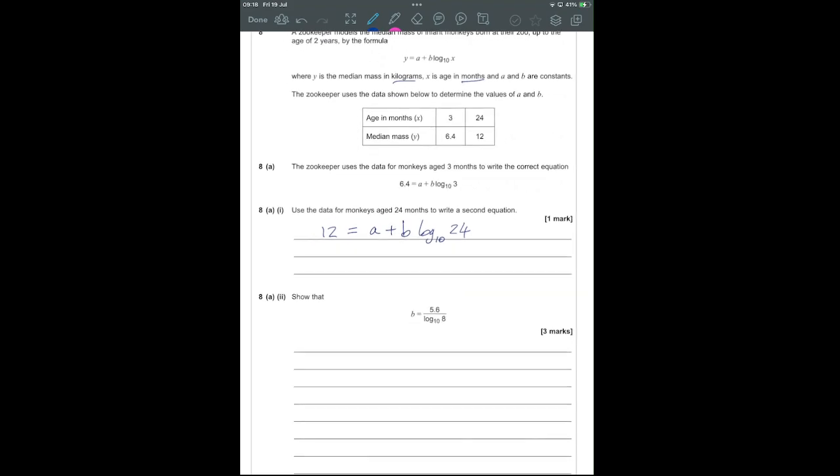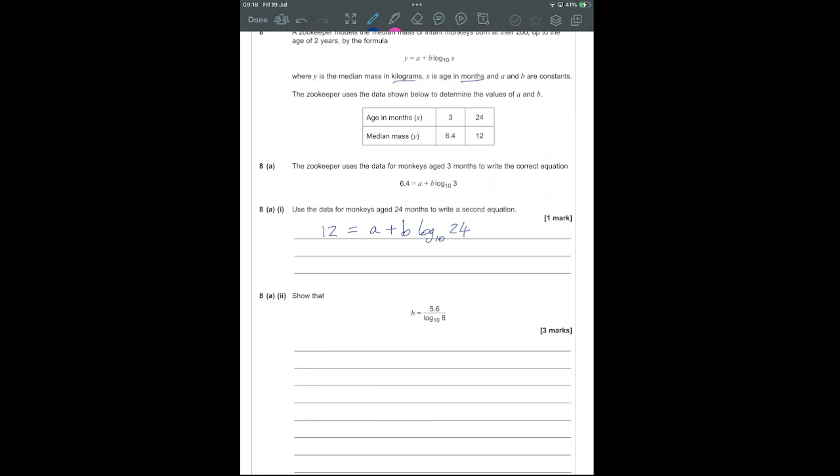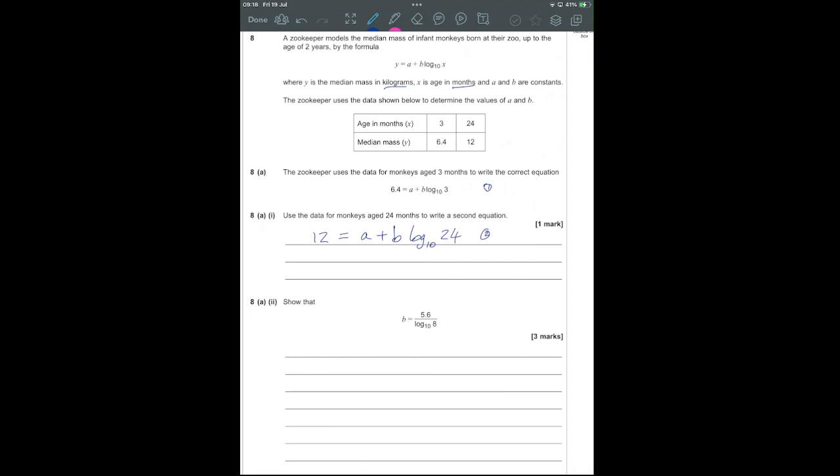Okay, show that B is that. Well, I'm going to label these equations, equation 1 and equation 2. Show that B is that. So I need to cancel out A. So let's do equation 2 subtract equation 1. 12 subtract the 6.4 gives me the 5.6.